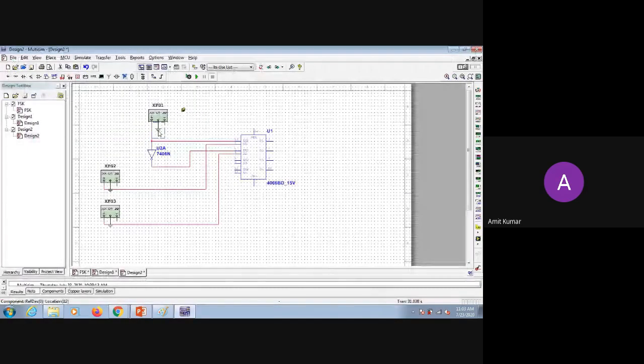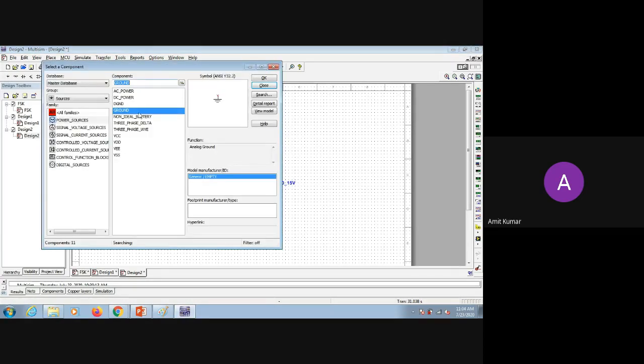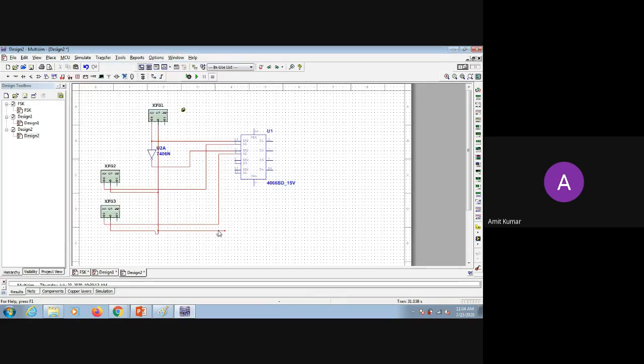Instead of 3 grounds, we just replace them by 1 ground because it will help you to stop in a single shot. Once all things are placed, we need to apply the power supply here.